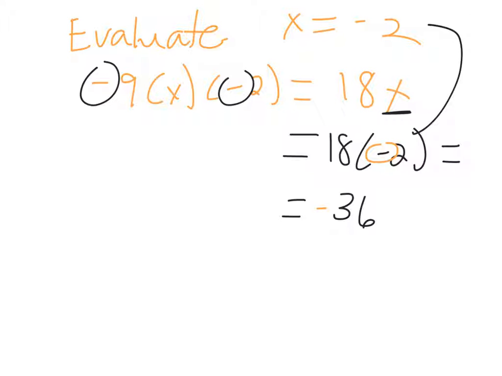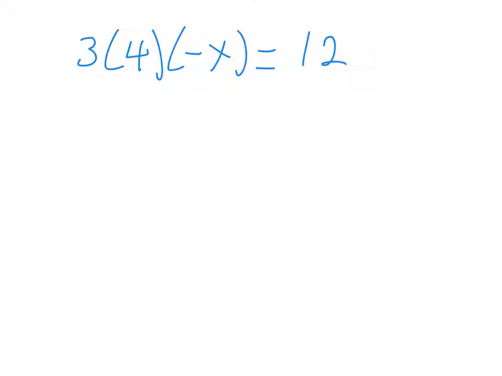Another example, let's try 3 times 4 times negative x. And as we simplify that down, we would have 12x. We had one negative there, so it's going to be a positive. Oh, I'm sorry, that's a negative because we had one. Sorry, I wasn't thinking.